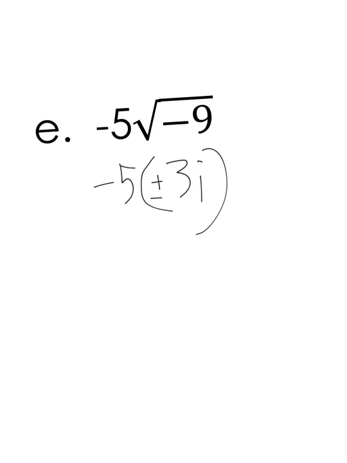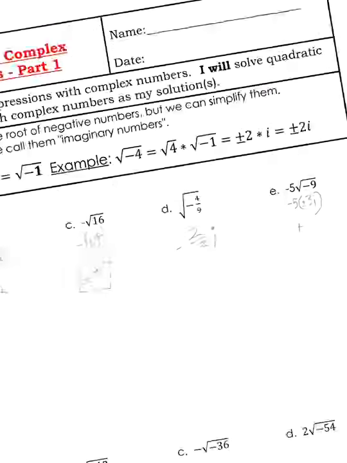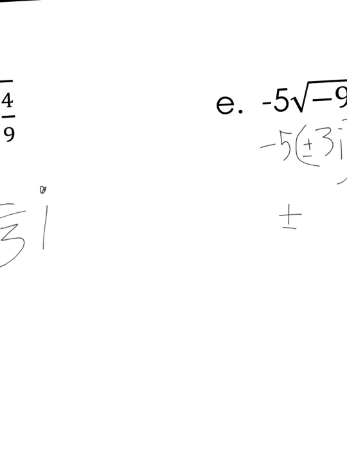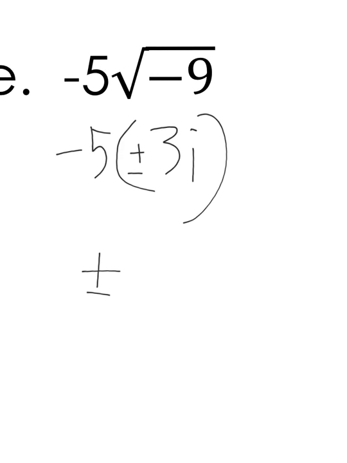Just multiply those two numbers together. That's going to be 15i. And for the same reason as before with C, it's still going to end up being plus or minus. So you're going to say plus or minus 15i.